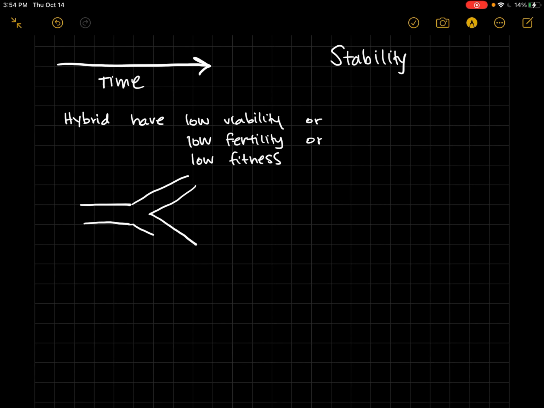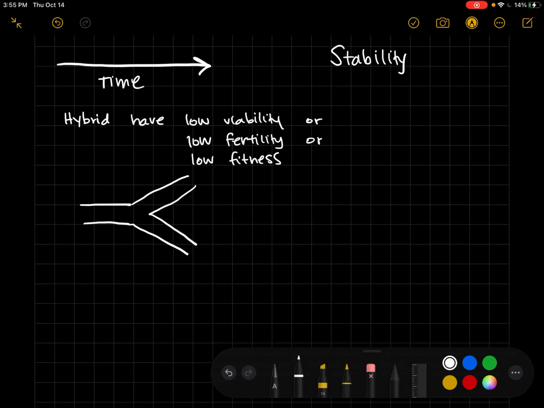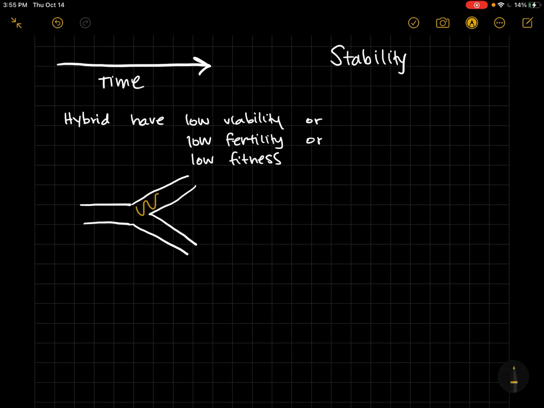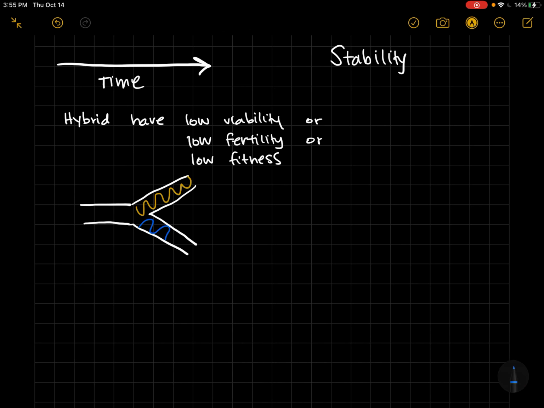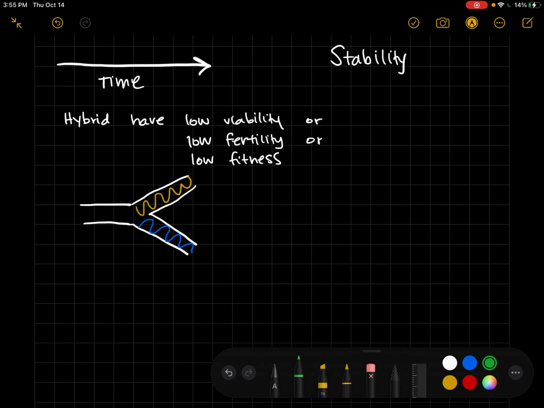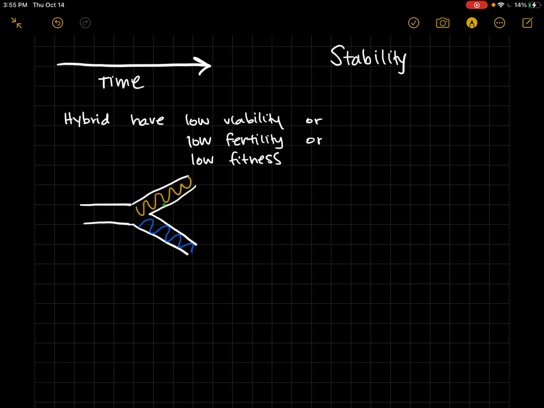In any of these situations, any individuals in either of the parent species that are participating in hybridization, meaning mating with someone from the other species, any of those individuals are lowering their own fitness. So here we're going to have some genetic exchange. One of the yellow individuals is mating with one of the blue individuals.